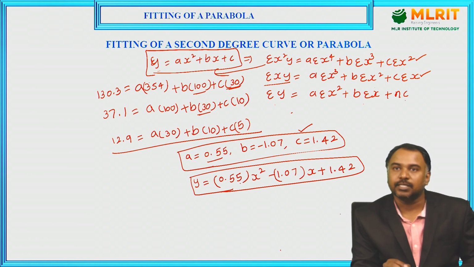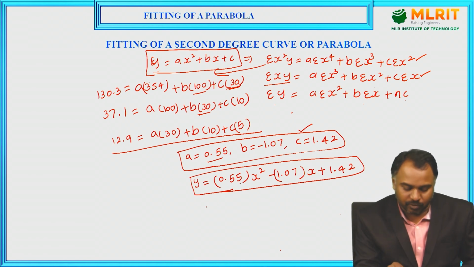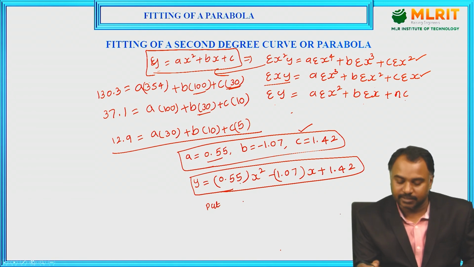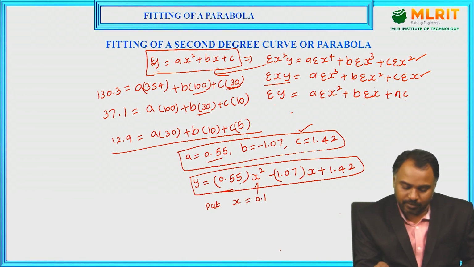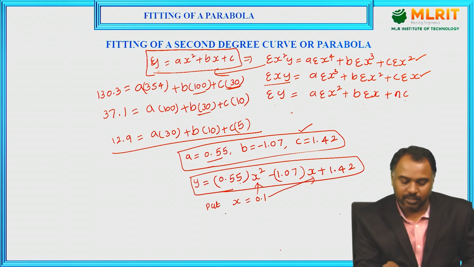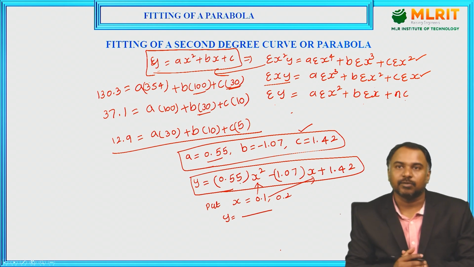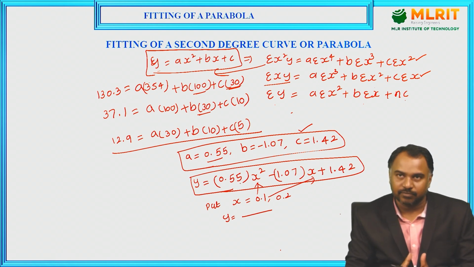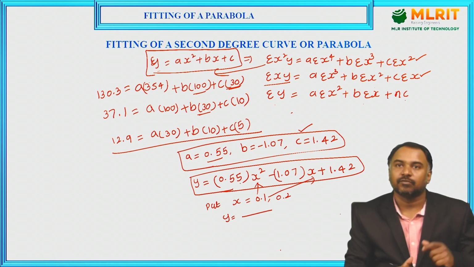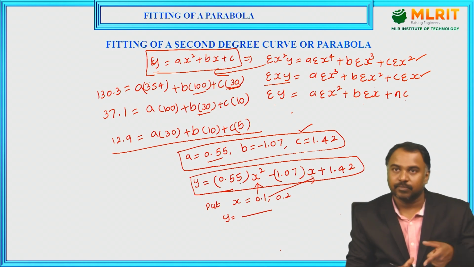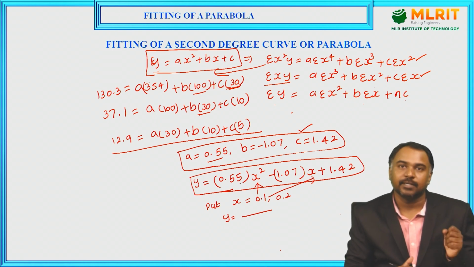The advantage of this is that if you want to find the value of y at x equal to anything, you can substitute, for example, x equal to 0.1, in the place of x. Therefore you find the y value, either at 0.1, 0.2, whatever value you want, on the second degree curve. If the data is different, the curve will also be different.